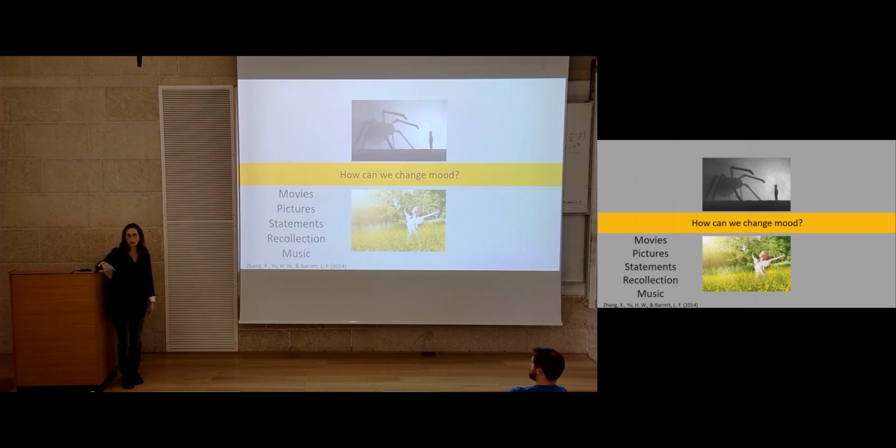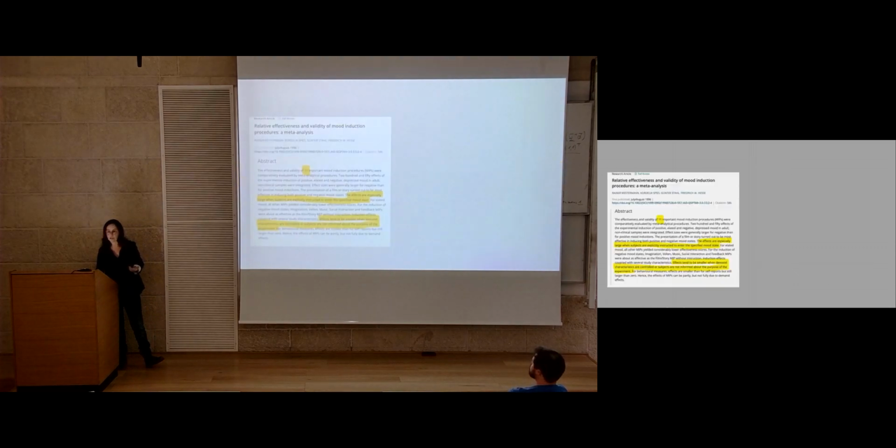Sometimes people will tell the participant, please think of something happy that happened to you, something that makes you feel good. And after a while, they ask you again the same question: how do you feel now? So we sometimes even direct the participants during the experiment what to feel.